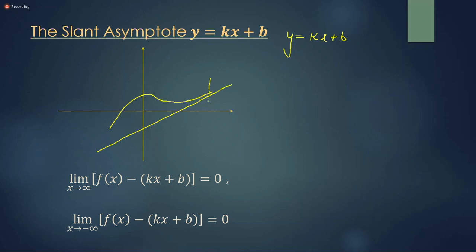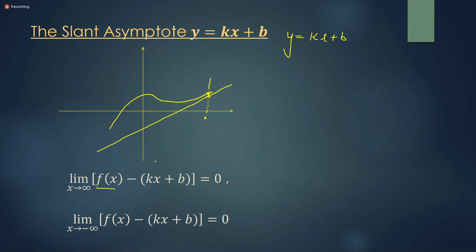It basically can mean the distance. We could measure the distance, let's say, with a perpendicular, but in this case, it's sufficient that we measure the distance for every value of x. We measure the distance vertically between the function value and the y value of this straight line. So basically we are checking for this.